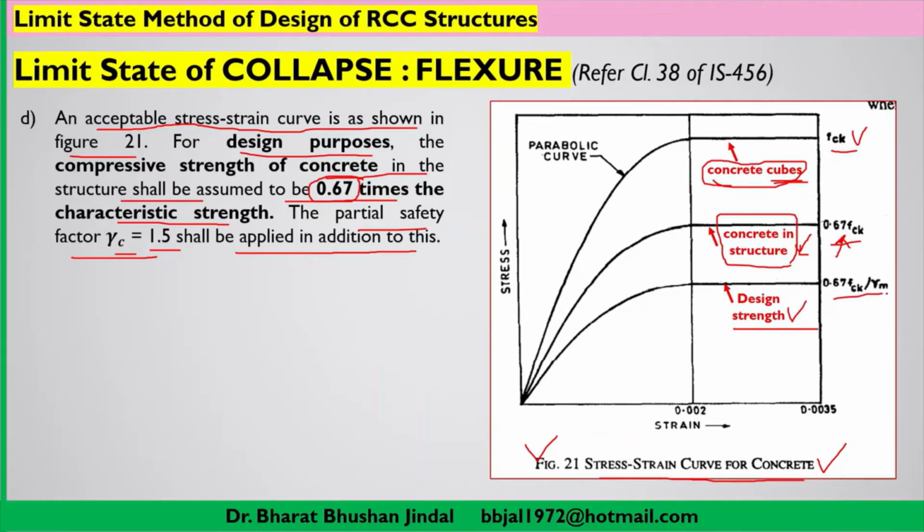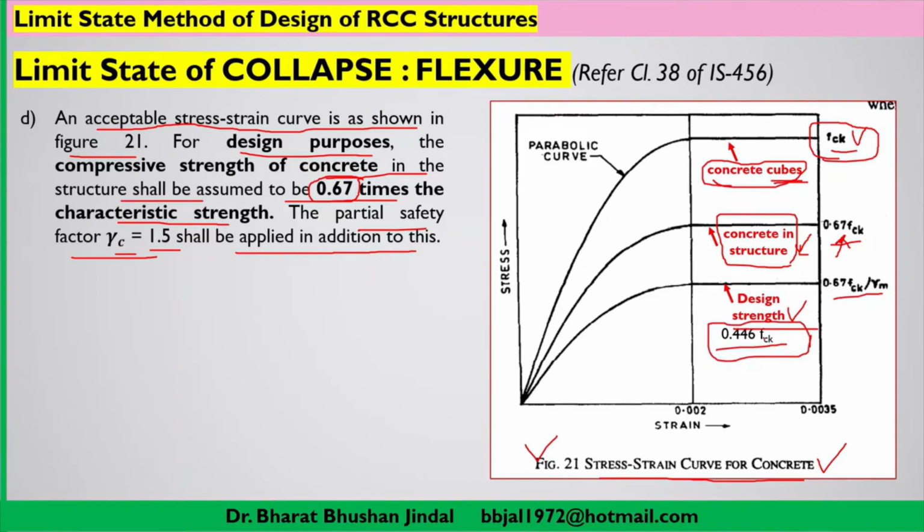Gamma M is for material, so here we have replaced it with gamma C. C belongs to concrete. So you have to divide 0.67 fck by gamma M. Ultimately, when you divide 0.67 by 1.5, you get this factor 0.446 fck. So now you can easily analyze the actual strength of concrete, that is fck, and we have reduced it to 44.6% for the design purpose.